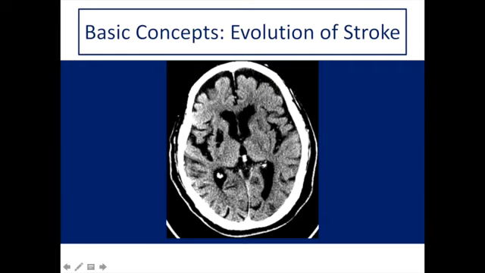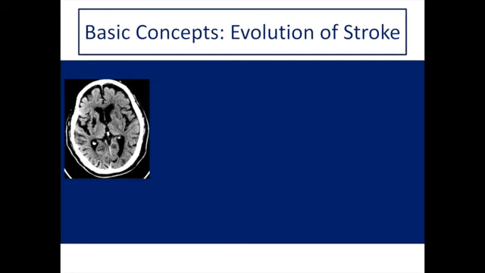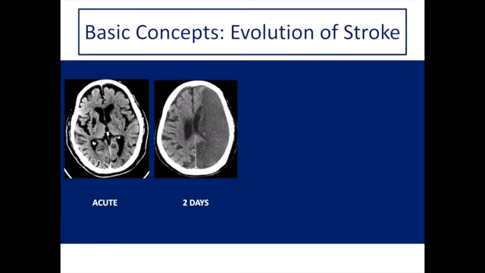Notice the blurring of the gray-white differentiation on the left and compare it to the other side, which is very crisp. This here is the insular ribbon, and notice how it's lost here as well. So that's an acute stroke. As we said, in general, the infarcted tissue decreases in density over time. So here, 2 days later, the infarcted tissue has in fact decreased in density.